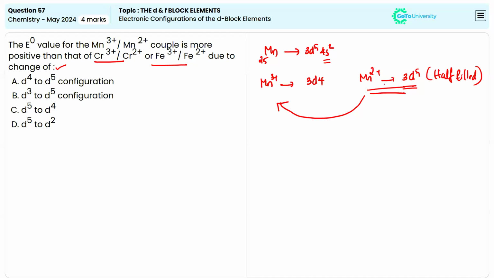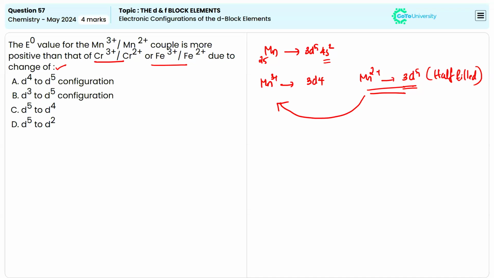No atom will try to lose its stability, right? So from the 3d5 configuration, they are not ready to change into 3d4. So here the third ionization energy will be very high, meaning we have to apply more energy to remove one more electron. Due to the d5 configuration of the Mn2+ ion, it has a substantially high third ionization energy.